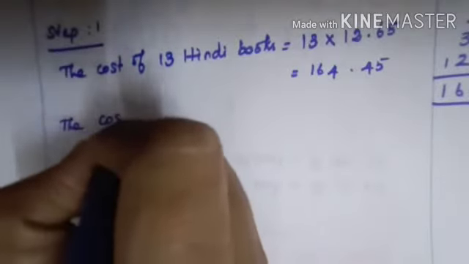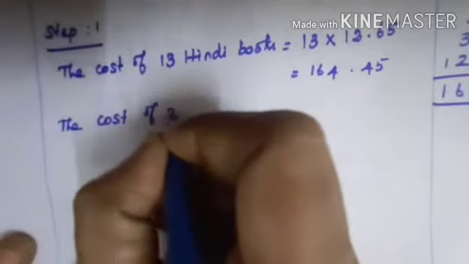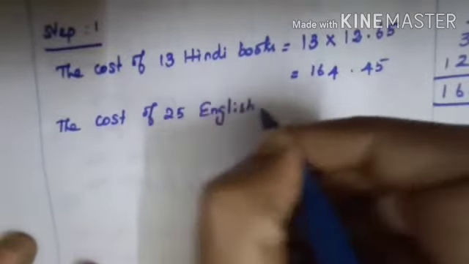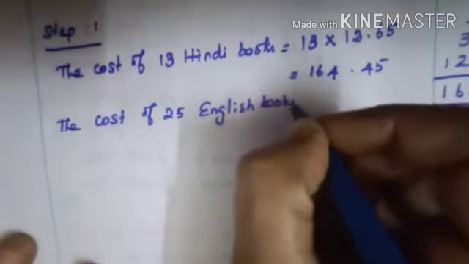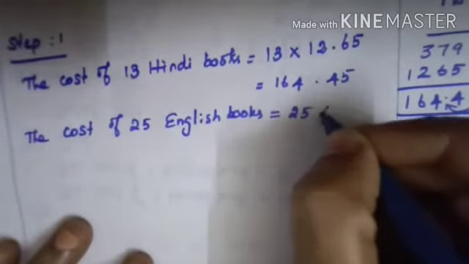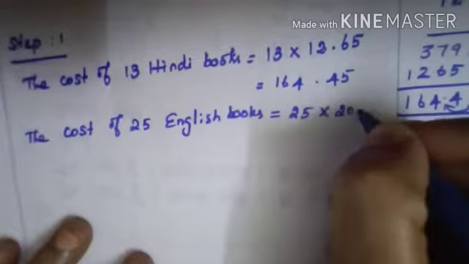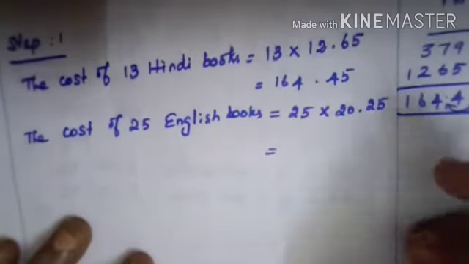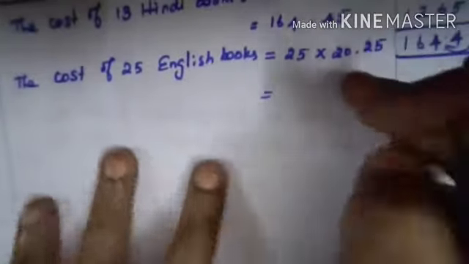Then you have to find out the cost of 25 English books, which is equal to 25 into 20.25. Multiply these two numbers in your rough column. Ignore the decimal point.